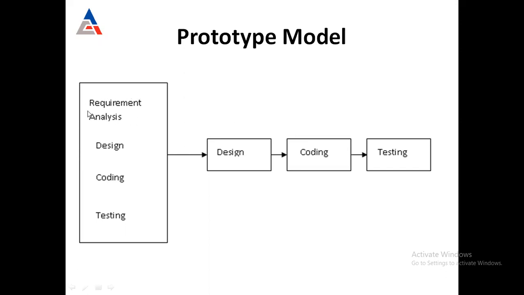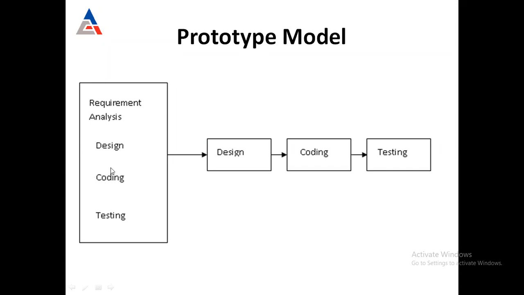On the basis of that requirement, the software developer will draw a design, either a flowchart, DFD, algorithm, and on the basis of that design, his team will start converting that design to coding.